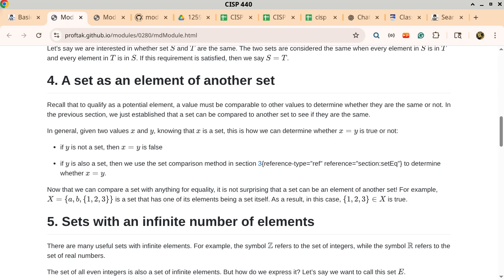So is that analogy working out okay? All right. Cool. So in this case, if X is defined like this, then this expression is true. This expression here is saying that the set that contains elements 1, 2, and 3, the whole set, is an element of X, and that is true. So set containment can nest. Are we okay with that concept? All right.